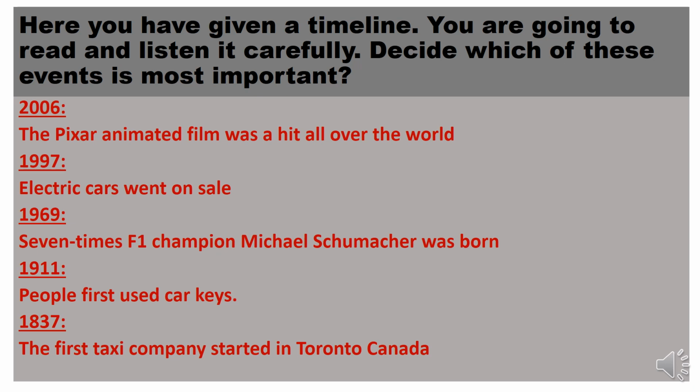I can ask you to make a timeline of the year 2018 or 2016, the important events that happened in Pakistan. You can write it in the form of a timeline as well. Now I am going to show you some samples of timelines, how you can make timelines, right?